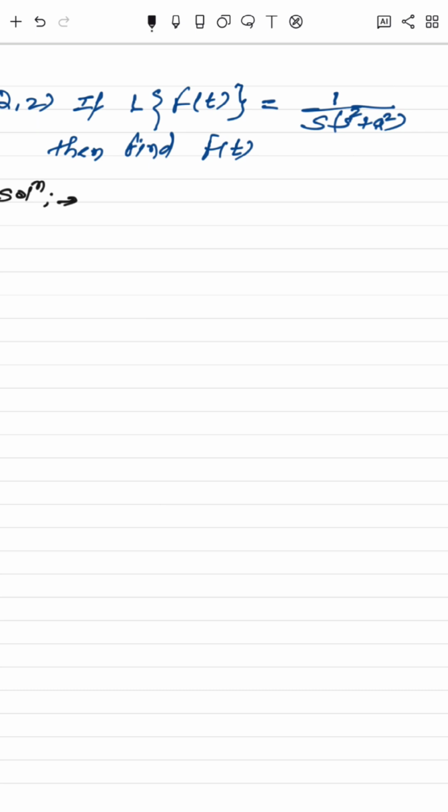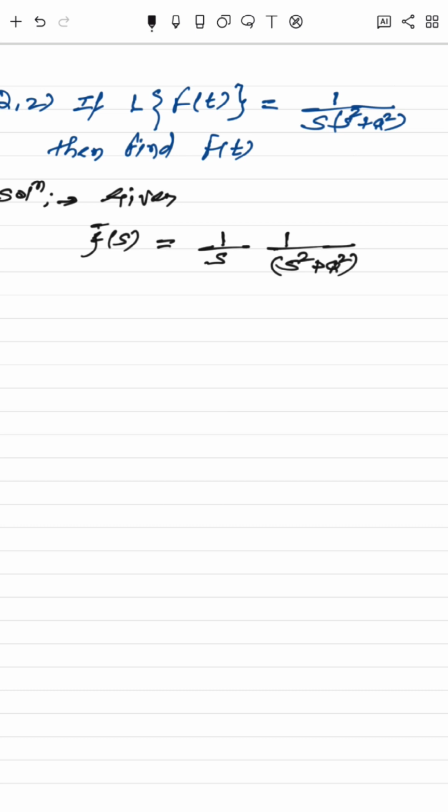Laplace of f of t is nothing but f bar of s. Therefore, here f bar of s is given as 1 by s multiplied by 1 upon s square plus a square, and we require to find f of t.